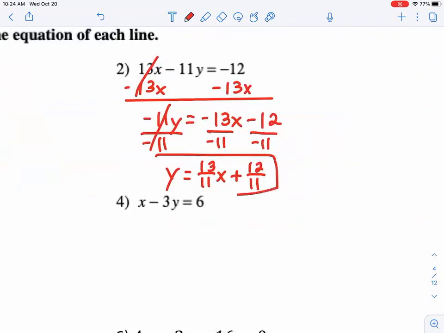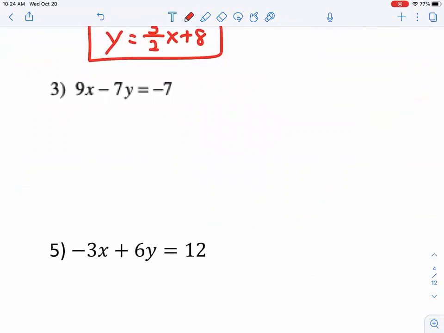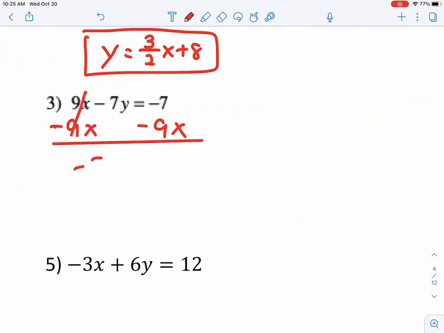All right, problem number 3. I'll subtract the 9x over. And we get negative 7y is equal to negative 9x minus 7. Then we're going to divide everything by negative 7.